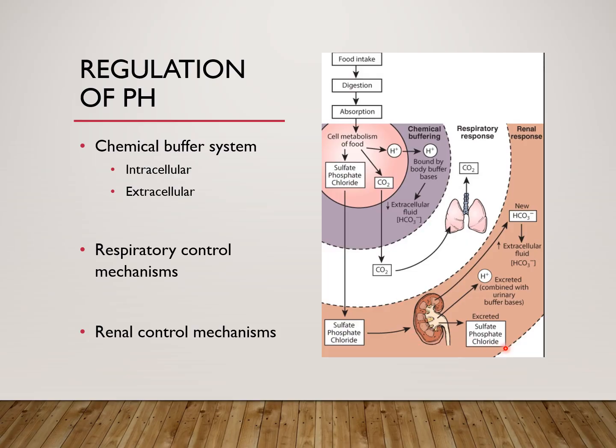If we have a patient who has an elevated pH, they're more alkalotic, we might see more excretion of bicarbonate at the level of the kidney and a drop in production of bicarbonate overall. So again, our renal mechanisms do the best job of buffering. They just take a longer time to kick in. Okay.